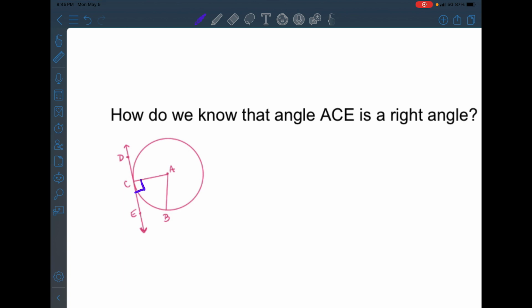Well, it looks like line DE is a tangent to the circle, which means it touches it in one point, where that is C. And the thing we know about a tangent line and the radius, if it touches at the point of tangency, which it does, is that they make a 90-degree angle. So a radius and the tangent line at the point of tangency make 90 degrees.